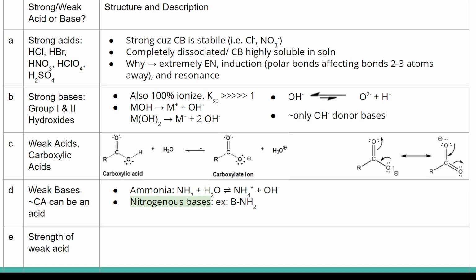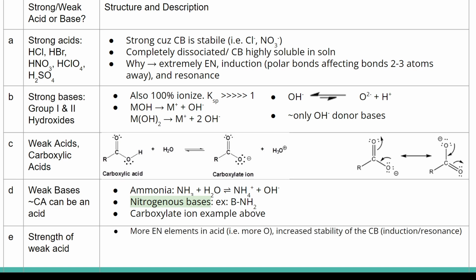So it could be carbons, hydrogens, hydrocarbons, and so on. And so the carboxylate ion here, that is an example of a base. It's a weak base. And so you can talk about the resonance and how it's kind of stable, but not too stable.